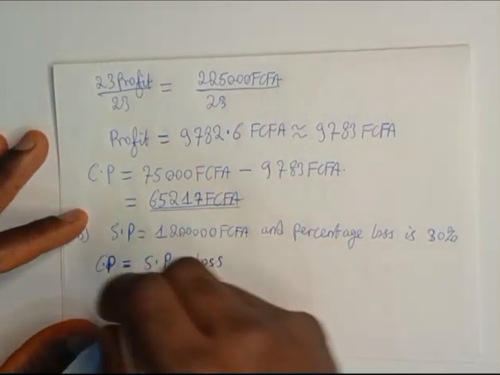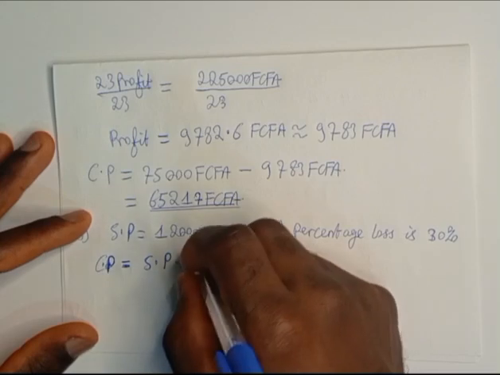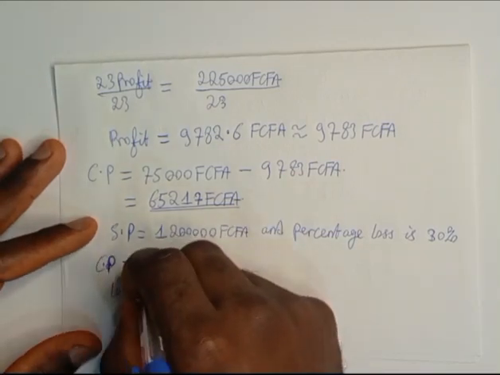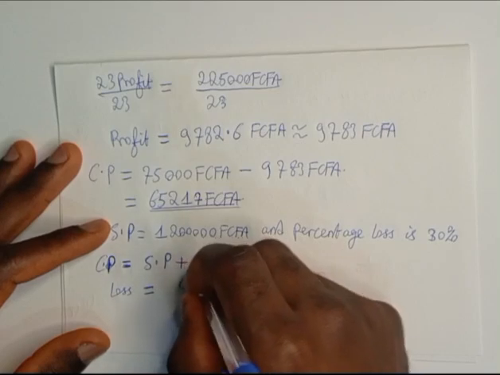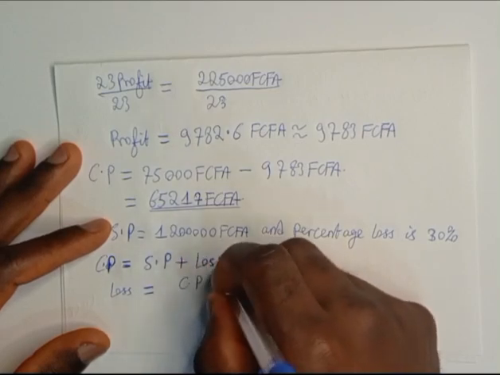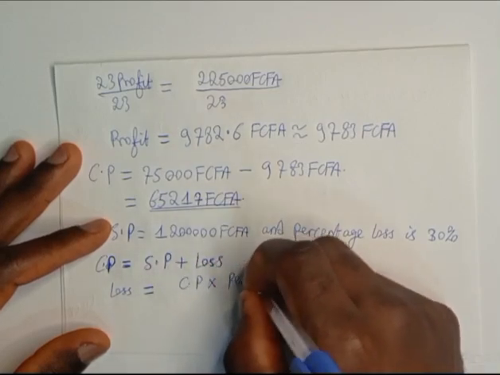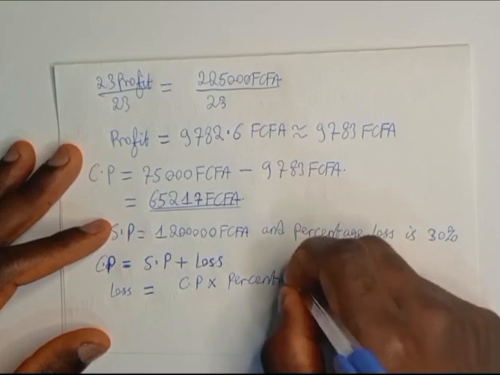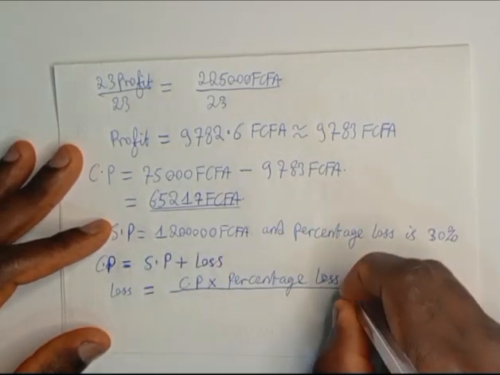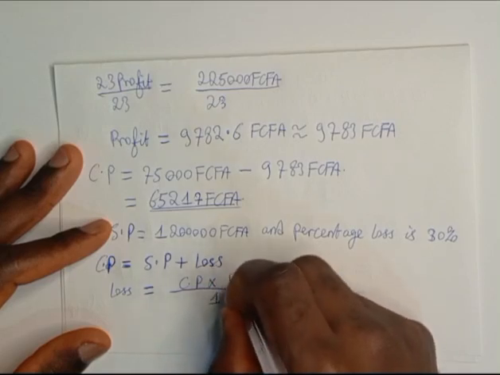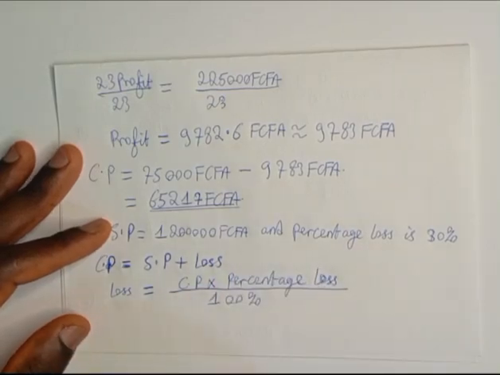We know from percentage loss is equal to cost price times the percentage loss all over 100%.